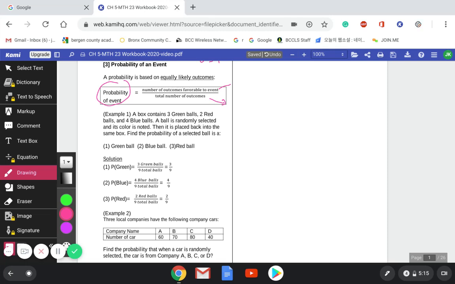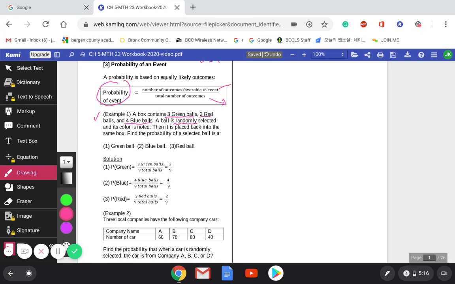In example 1, a box contains 3 green balls, 2 red balls, and 4 blue balls. And a ball is randomly selected. It has to be random, meaning you don't see inside. You don't know what you are picking when you pick a ball.